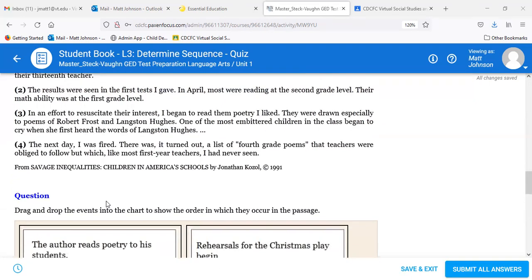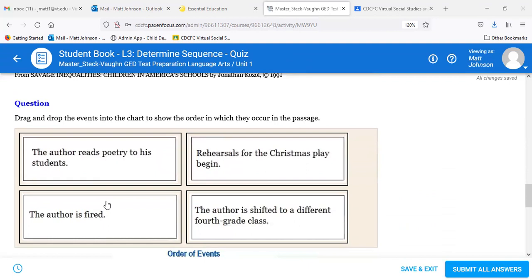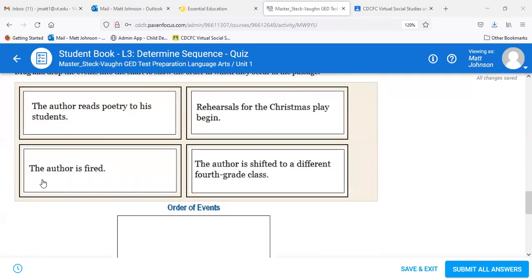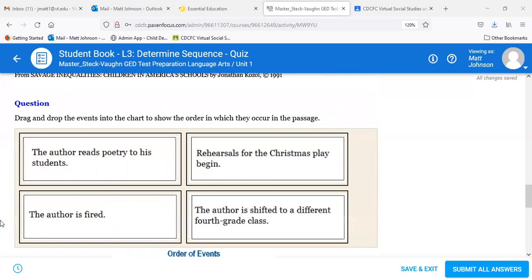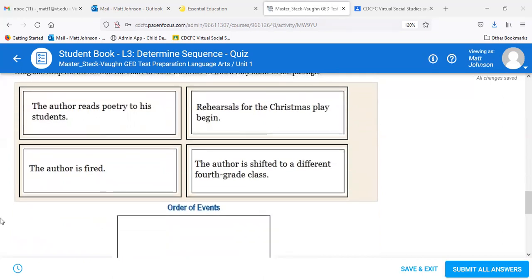All right, and well, I think we've seen this before. They didn't make it too hard on us. So we only have 4 options this time. We're going to put this in the order of events, right? What we encountered first, and we go straight through to the bottom.